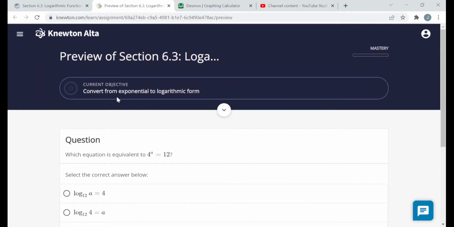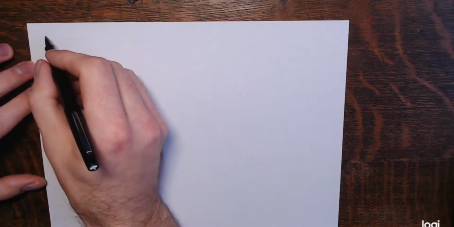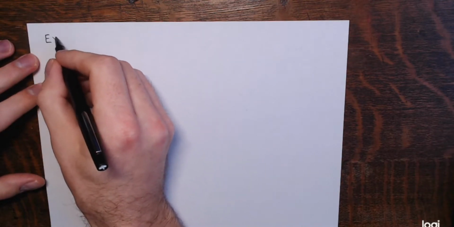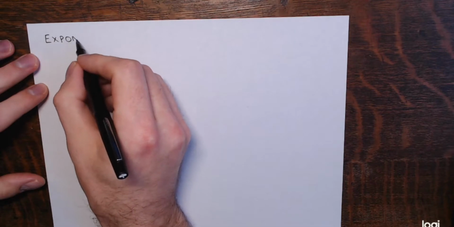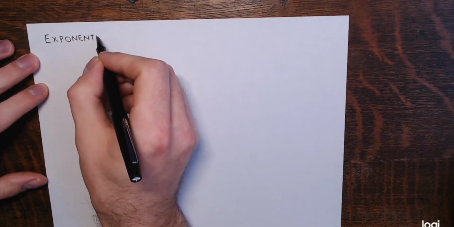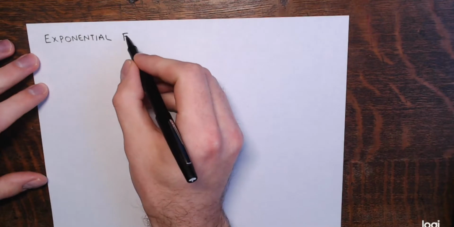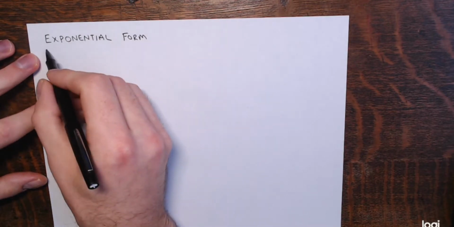So the first objective here is convert from exponential to logarithmic form. I have to talk about logarithms here. When they say an expression is in exponential form, it means it looks like this.